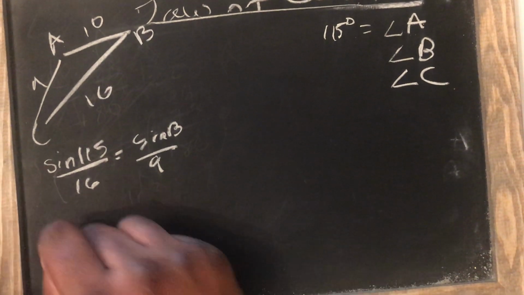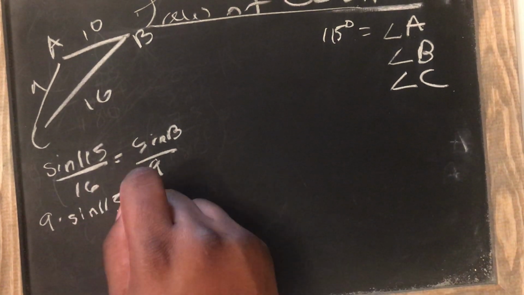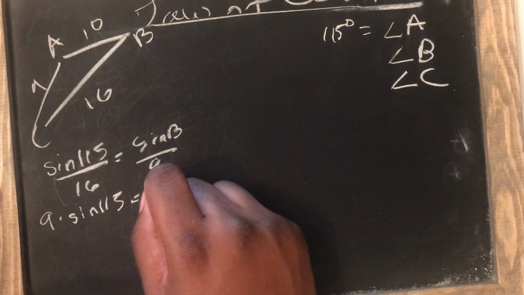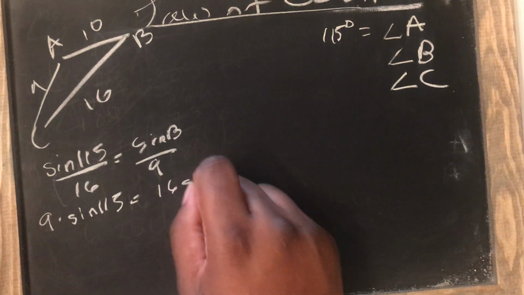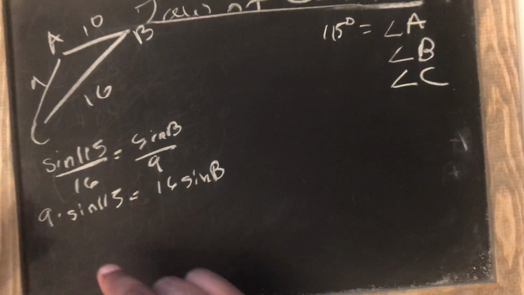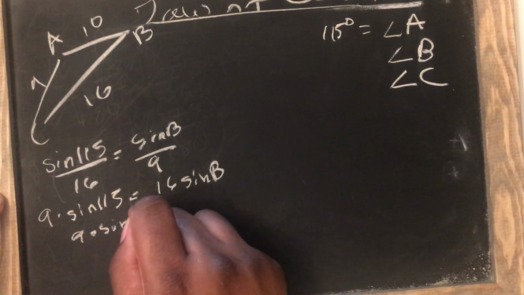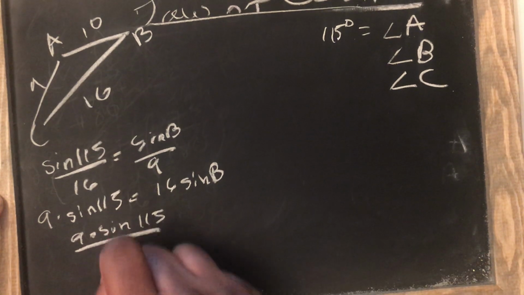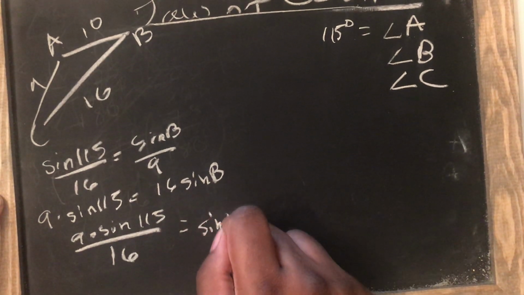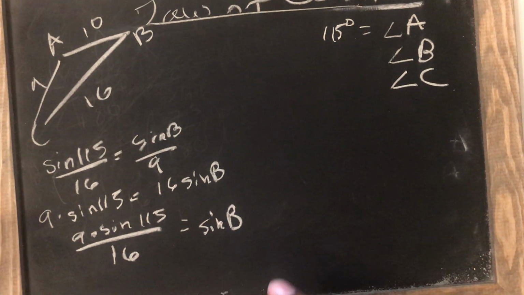Cross multiplication. Then divide everything on one side that you can. We're going to use inverse sine now.